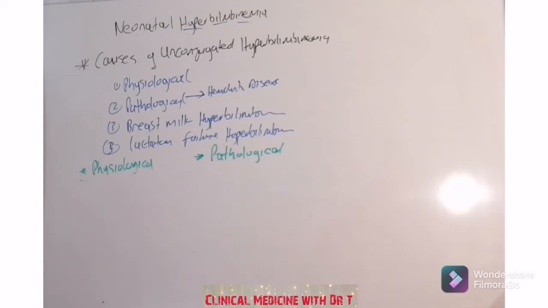But you keep them in the ward under phototherapy. That would be very unfortunate and embarrassing, because phototherapy is meant to conjugate. But because you thought you were dealing with physiological jaundice, whereas you are dealing with a conjugated hyperbilirubinemia, you kept the patient under phototherapy until they complicated.